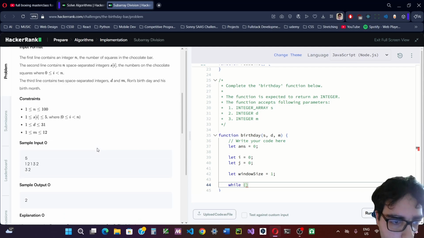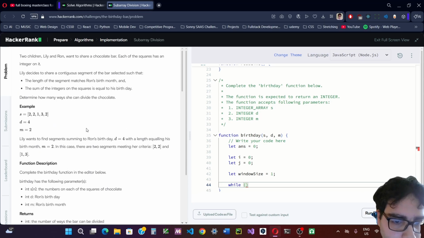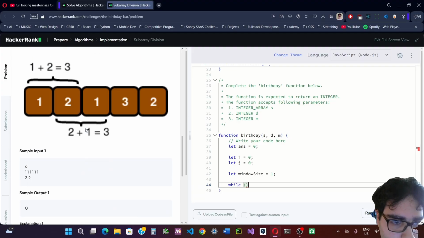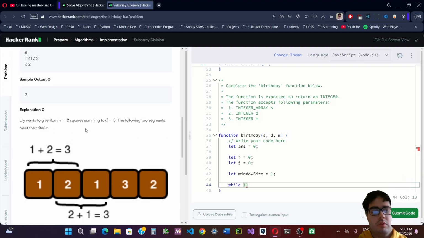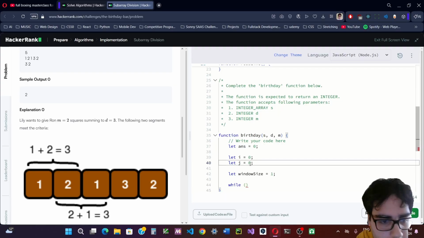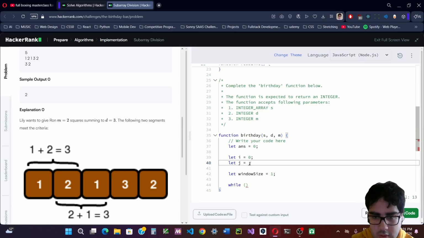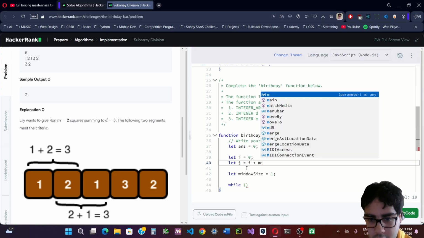How does this happen? Two squares. Okay, actually we can just say j is equal to m to i plus m.